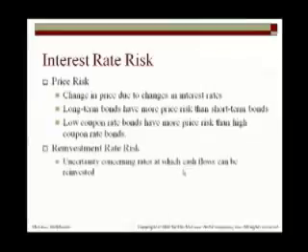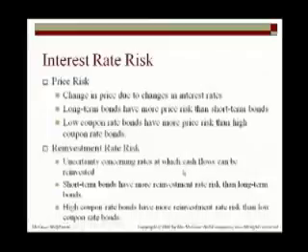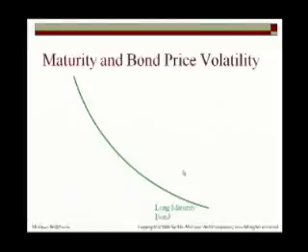So this is uncertainty concerning the rate at which cash flows can be reinvested. Short-term bonds have more reinvestment rate risk than long-term bonds. And high coupon rate bonds have more reinvestment rate risk than low coupon bonds. That makes sense. If somebody hands you a bigger coupon payment, you've got a bigger reinvestment problem.